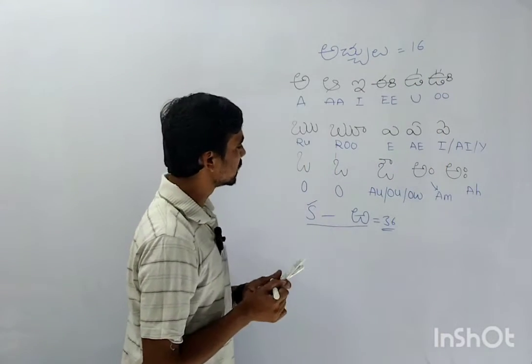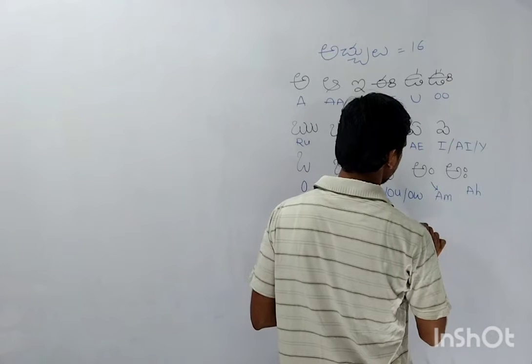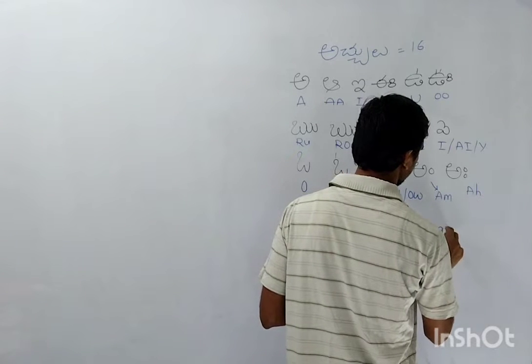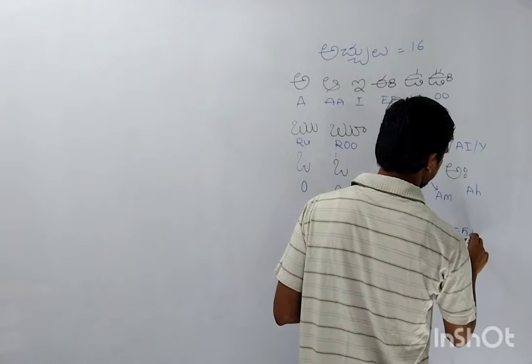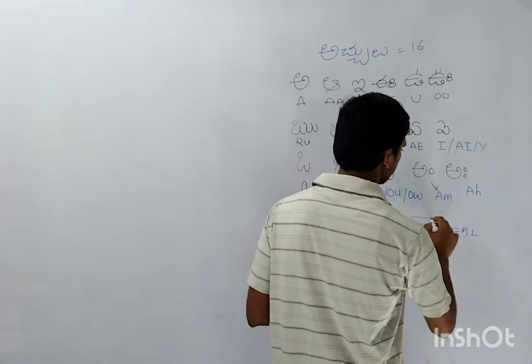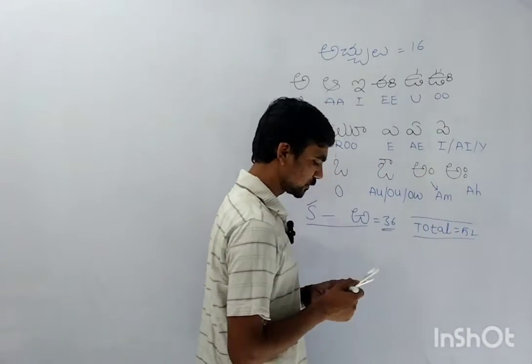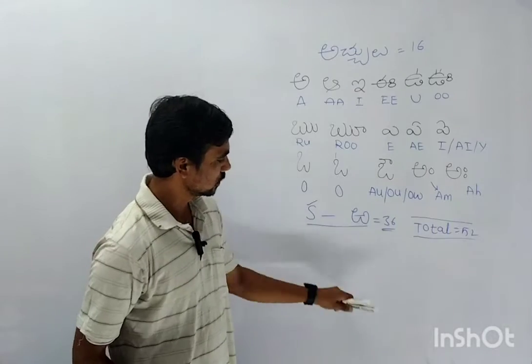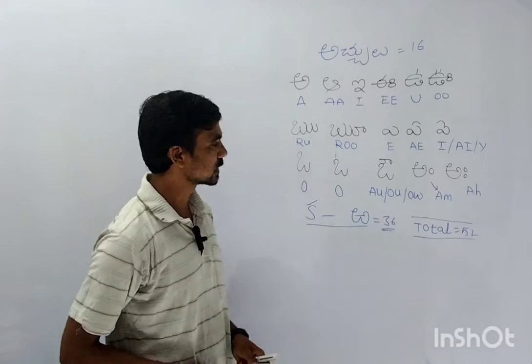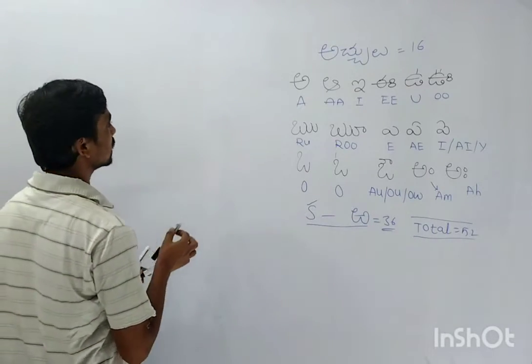Okay, total 52 in Telugu, right? Am I right or wrong? See, total 52, just you can understand. So here I am going to write what?